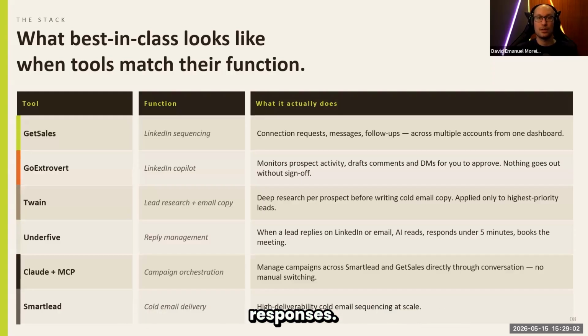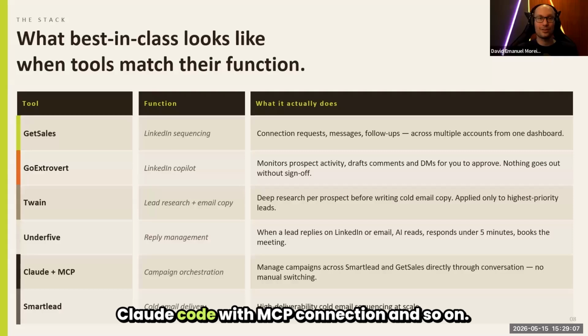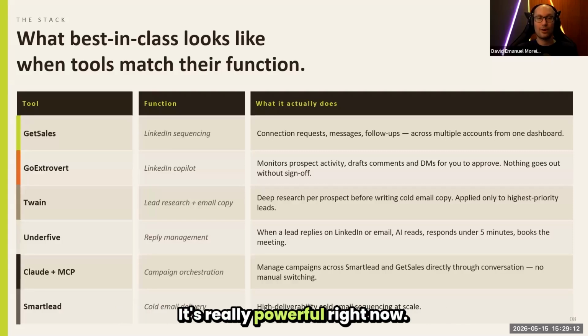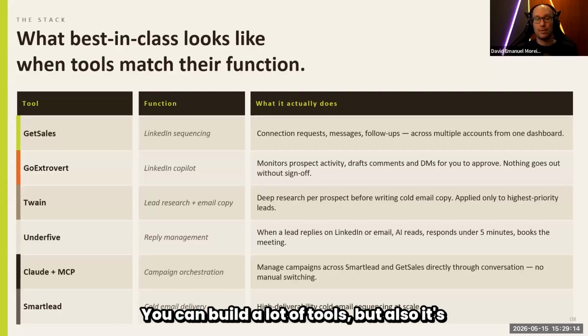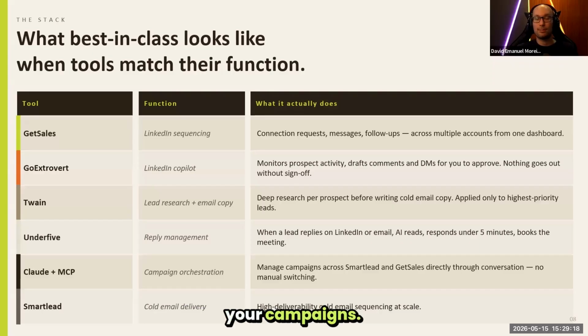Now, as Marcus was saying, Claude Code with MCP connections and so on is really powerful right now. You can build a lot of tools, but it's also really interesting to use it to orchestrate your campaigns.